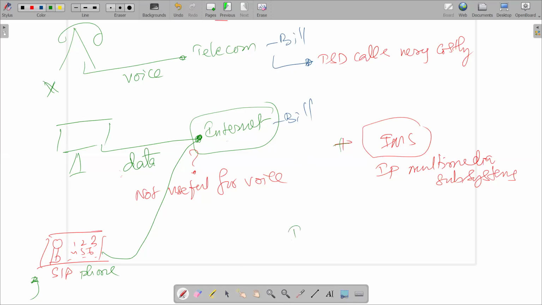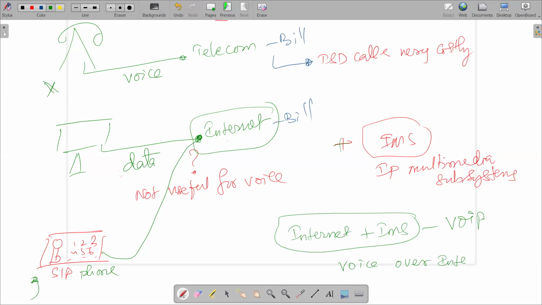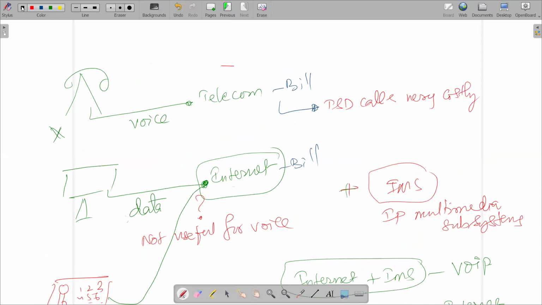This combination of internet plus IMS is what we call VoIP, voice over internet protocol. This is the generation of VoIP networks, and you can take this as the wired example.